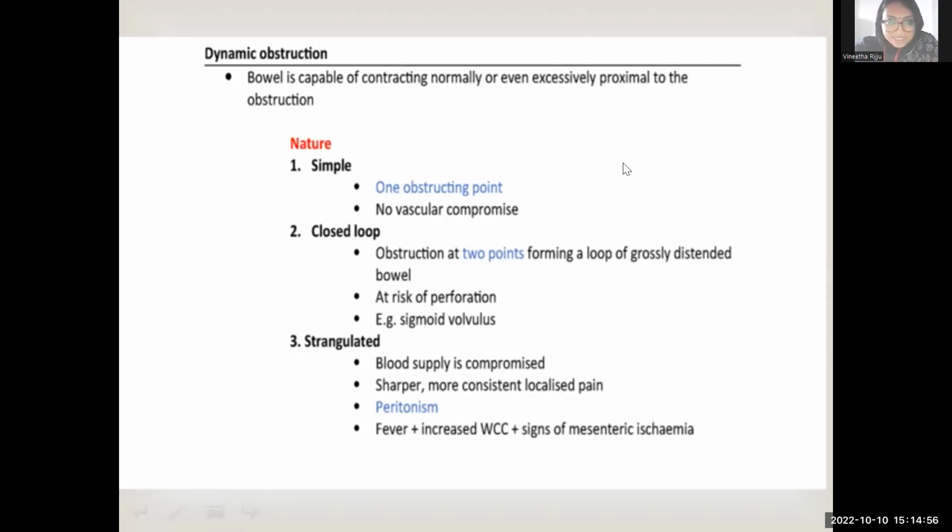Yes, suggestions? Growth. Yes, Ms. Nancy says it can be a tumor growth, right? Yeah, it can be a tumor growth which is growing in the lumen of the intestine or sitting outside and putting pressure on the intestine and compromising the lumen. What else? Any more answers?